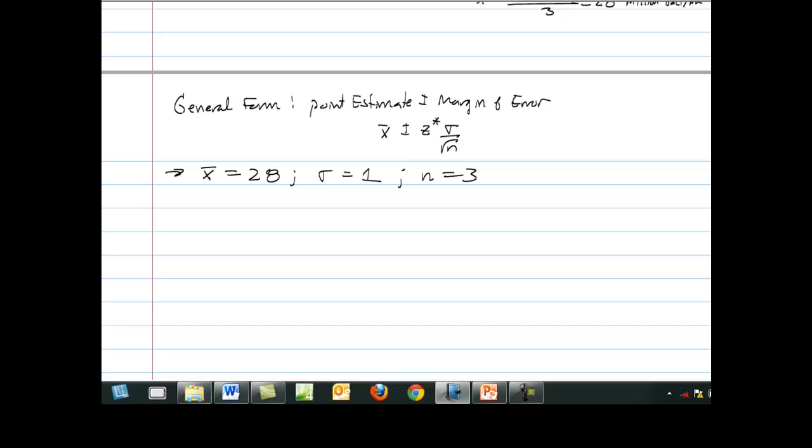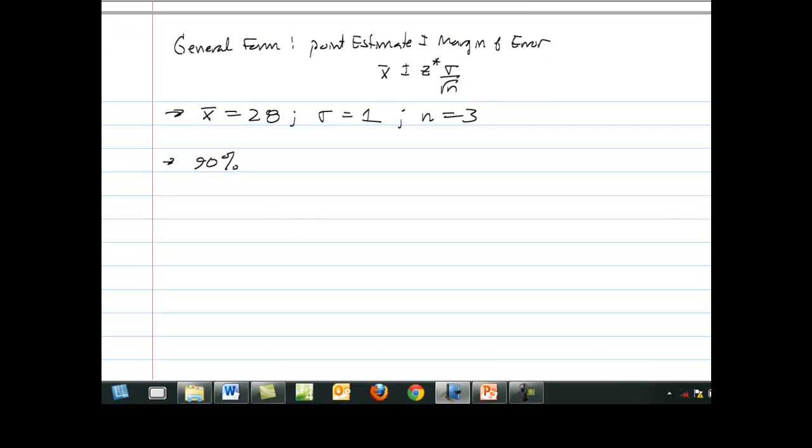So that's the information that we have. Well, what I would like to do is build 3 confidence intervals. I'd like to build a 90% confidence interval, a 95, and a 99. So for a 90% confidence interval, this would look like X bar plus or minus Z star sigma over root n. X bar is 28 plus or minus Z star, we'll fill that out in a second.